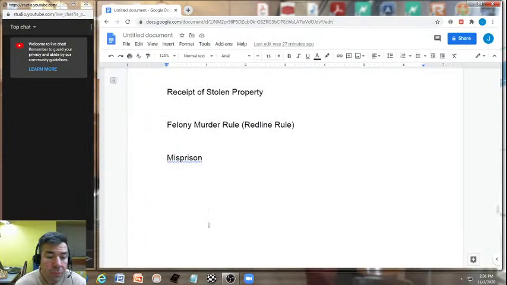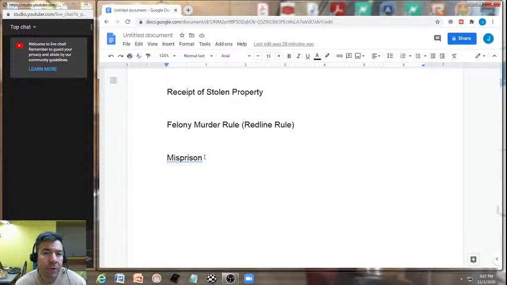Misprison is in essence this: when the criminal defendant is arrested, they hold information that would lead to the apprehension or conviction of a co-felon, and they don't disclose that information.